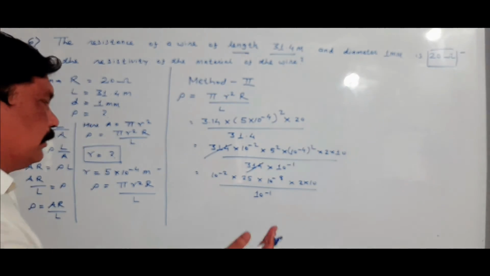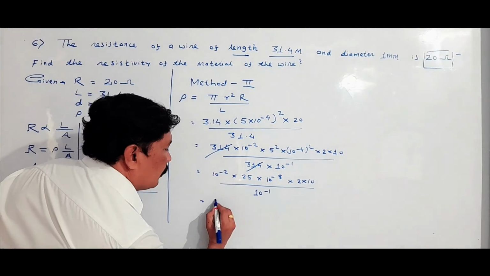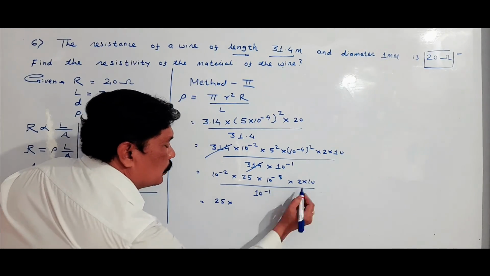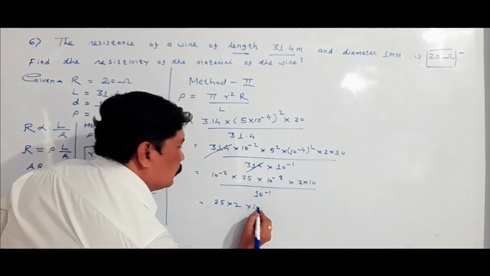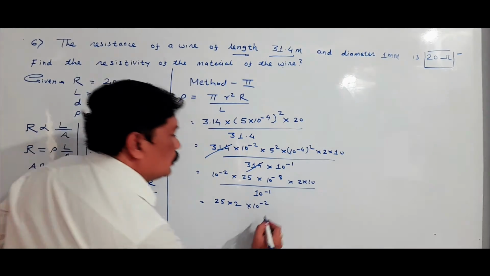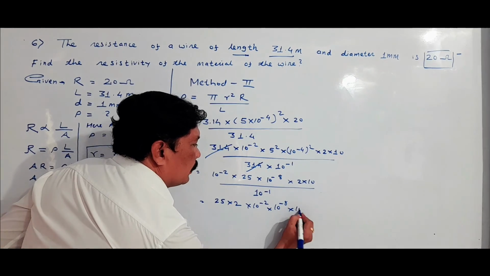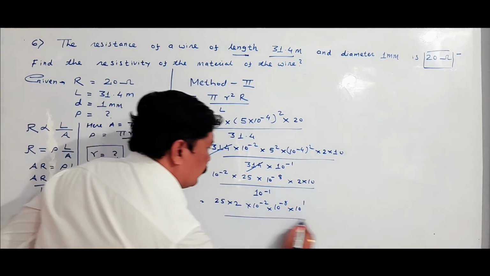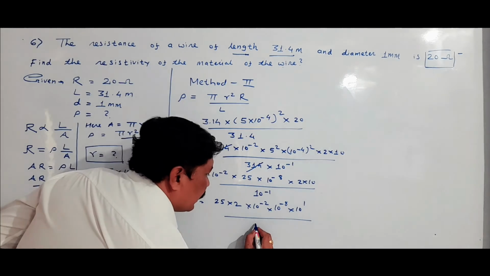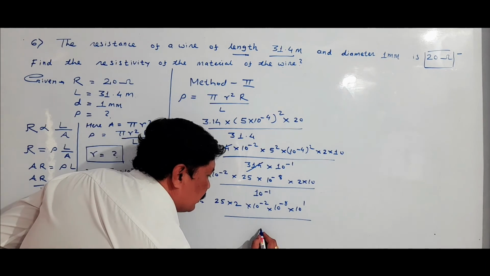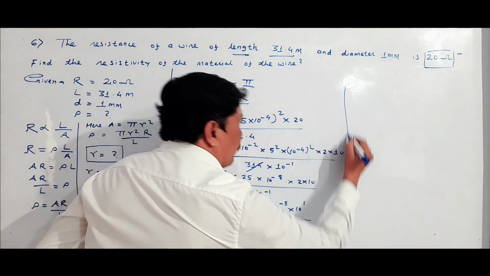So now we will take 25 into 2 on one side and 10 to the power minus 2 into 10 to the power minus 8 into 10 to the power 1 to the other side, and we have to divide it by 10 to the power minus 1.